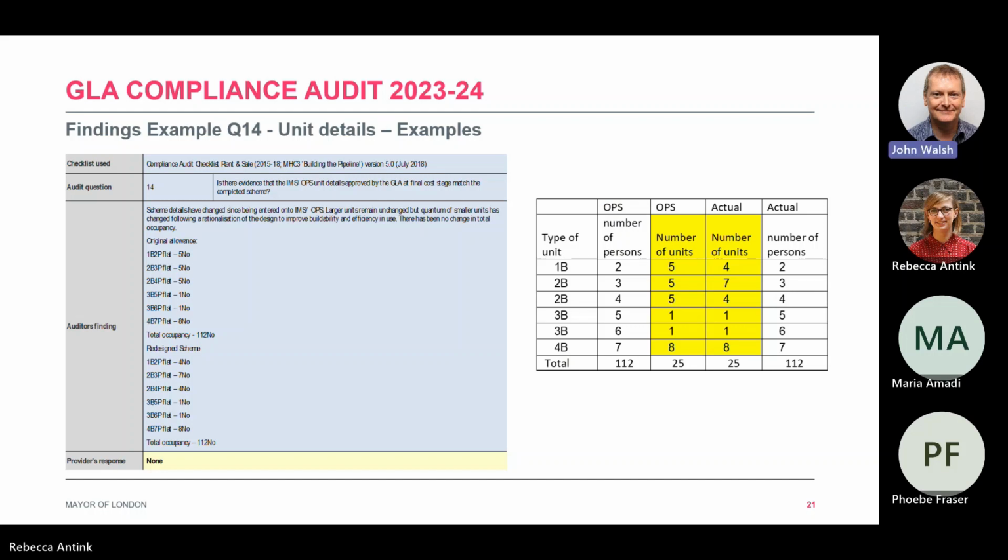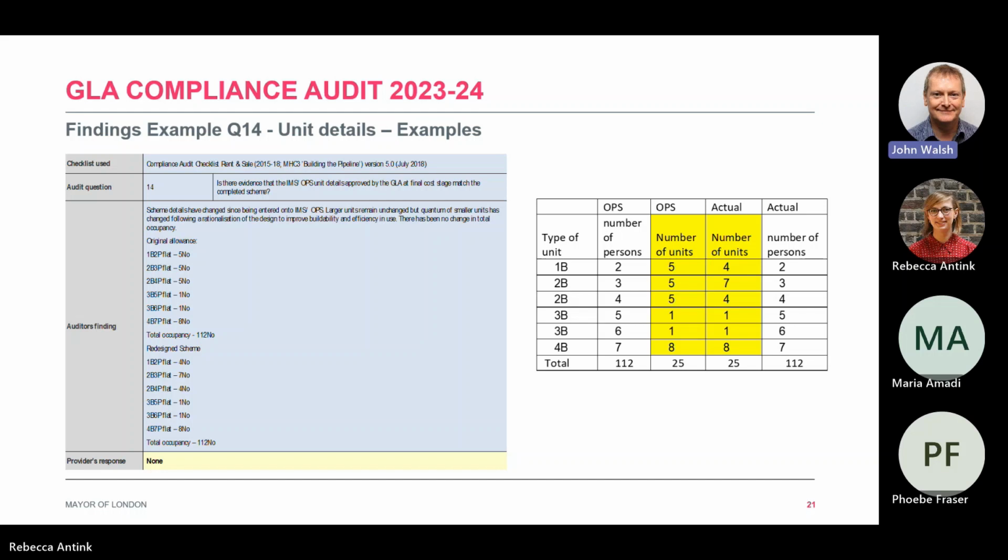we've got a different question, but again, it's question 14, and it's about the unit details entered into OPS and what has been approved in the project in OPS and what has actually been delivered by the as-built scheme at practical completion stage.